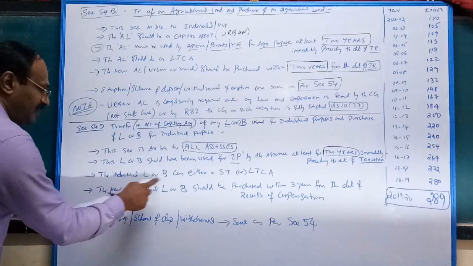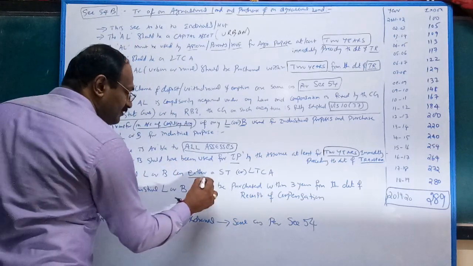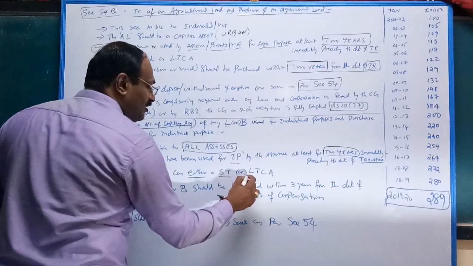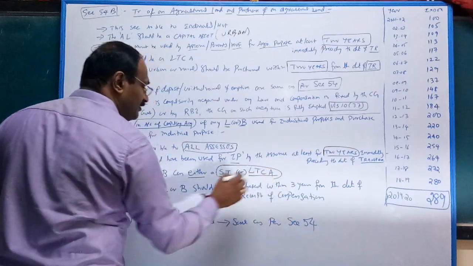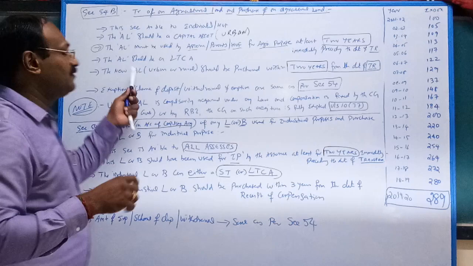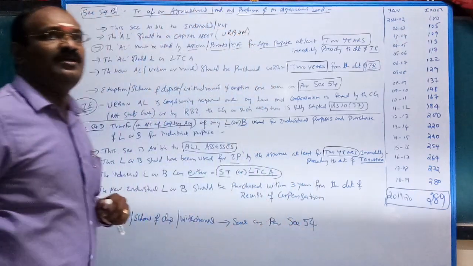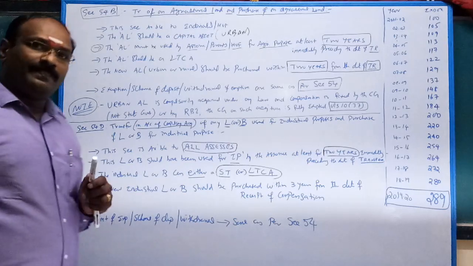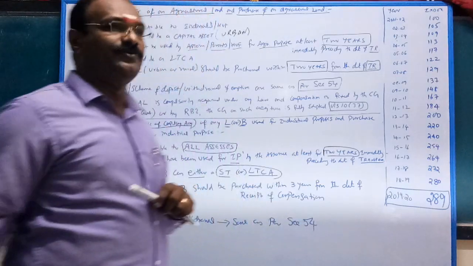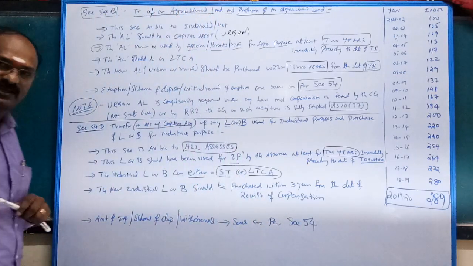Then the industrial land or building can be either a short-term capital asset or long-term capital asset. Very important. See, the previous two sections, section 54 and 54B, are only available for long-term capital asset. But 54D, either long-term or short-term. Why? Any idea? Can you guess?